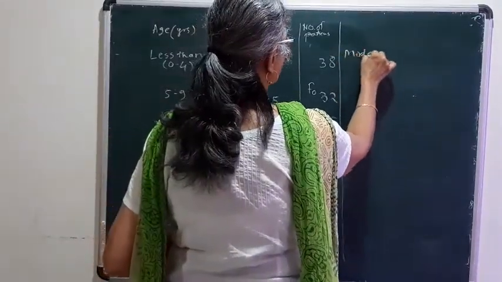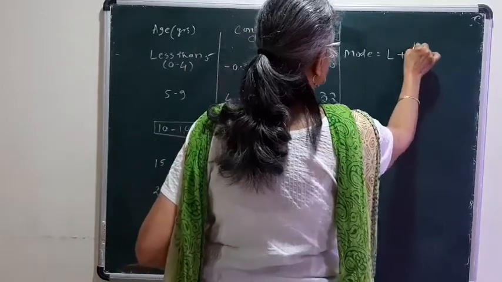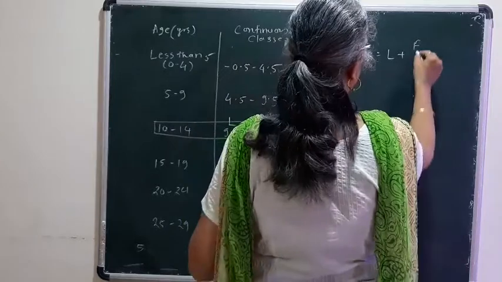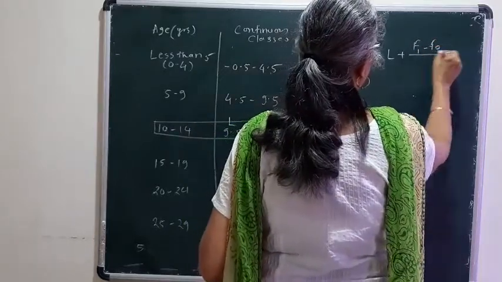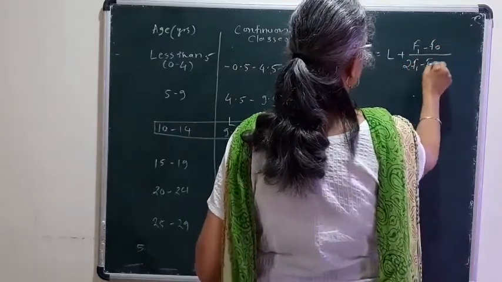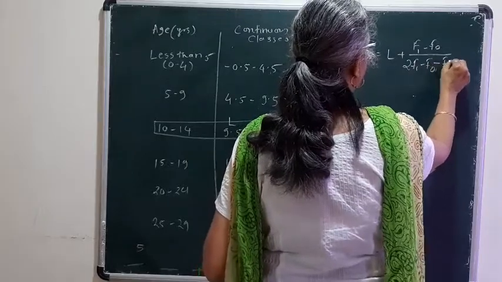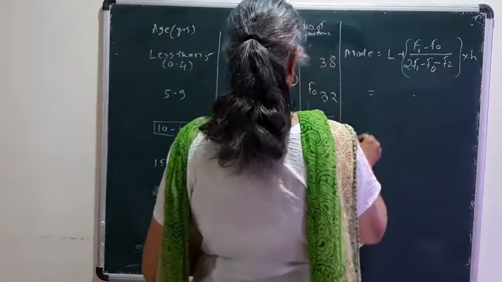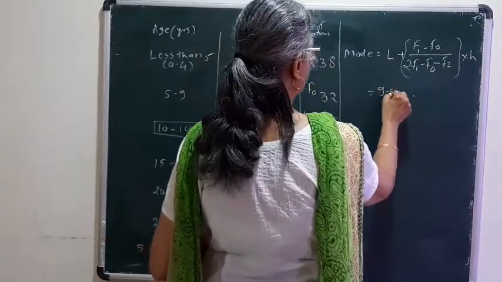Mode is equal to L plus (F1 minus F0) divided by (2F1 minus F0 minus F2), bracket complete, outside the bracket h. So L is how much? 9.5.